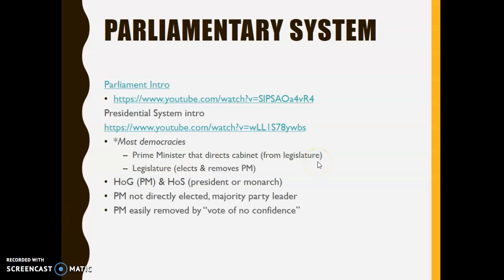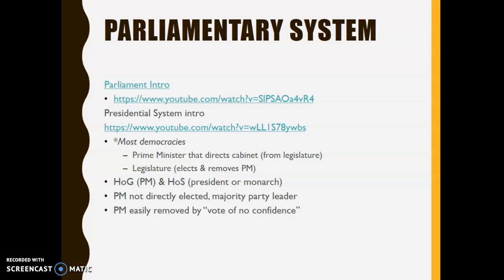Because the prime minister emerges from parliament himself, the parliament feels they are able to put certain expectations on the prime minister as the leader of their party and then the leader of the parliamentary body.